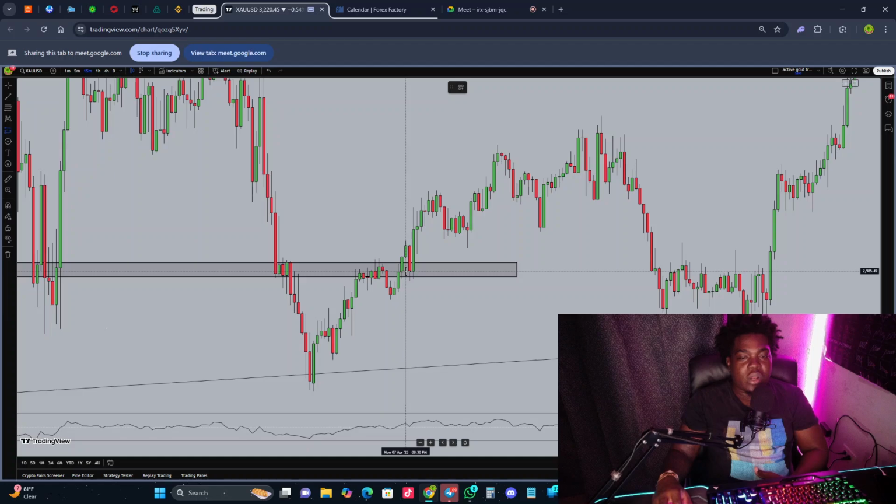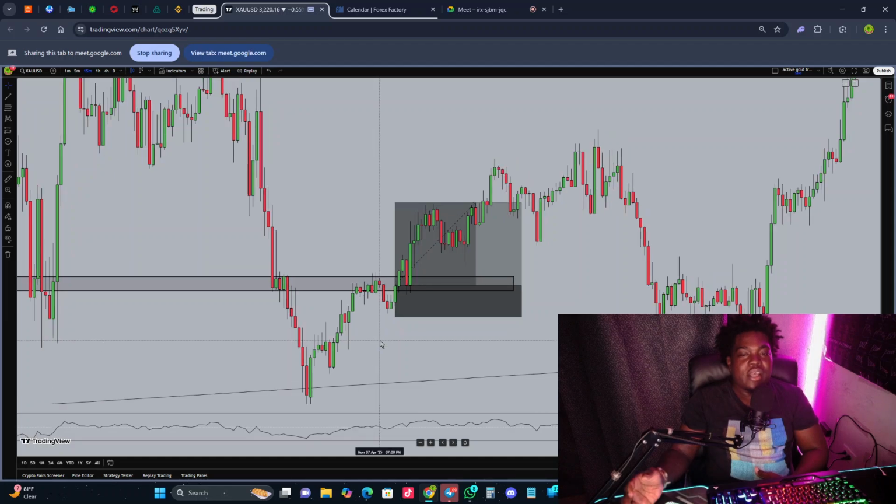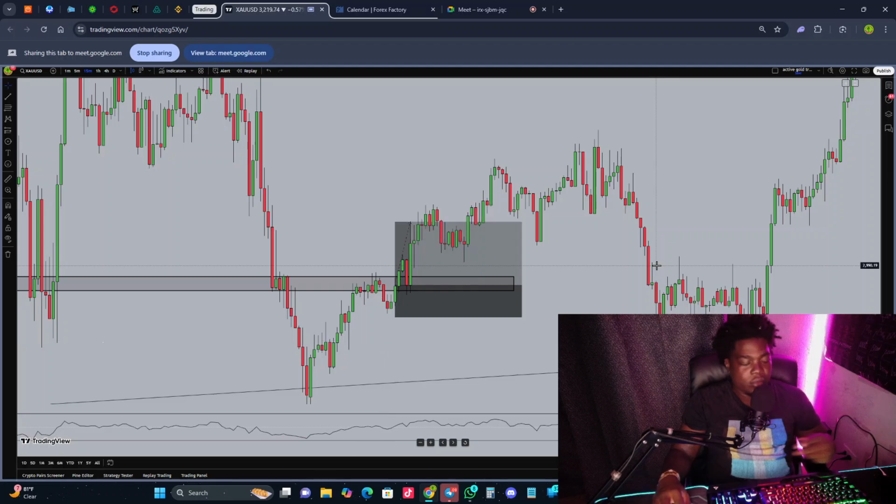So you want to be able to hold a trade even when it flops around. Most times the market doesn't just go in one direction immediately. Sometimes it does, most times it doesn't. So you can't say for sure the market is going to push up. You can't do that. So in order to hold through your trade, you need to risk properly.